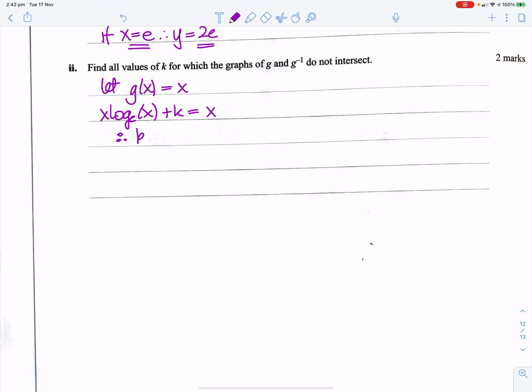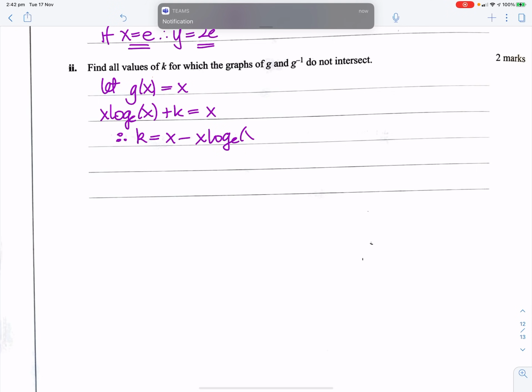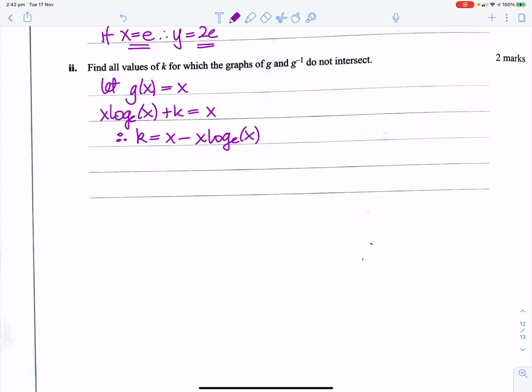Therefore, we know k has to equal x minus x log e x. Now, if we want it to intersect once, this function will only have one solution. Because if it's up and it's turning, if they intersect once, it's when your graph has one point. So we've got to find when the turning point is equal to 0.